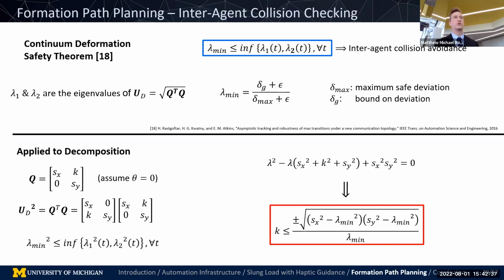So now, if we sample a state space for our K, SX, SY, we can in constant time say, if this is true, we're safe. If it's not true, we're not safe. So that's constant time inter-agent collision checking for this complex deformable formation.